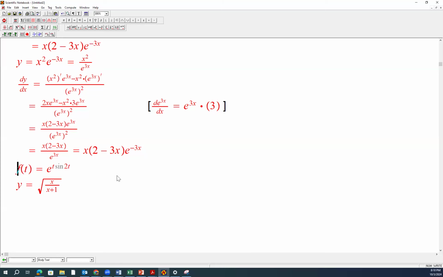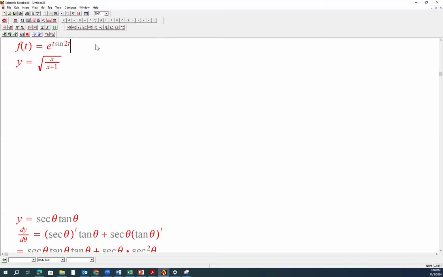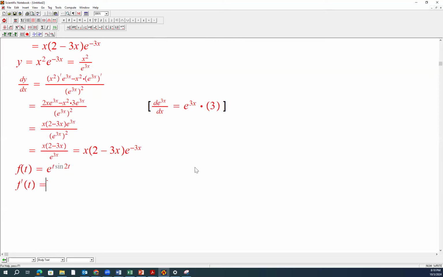The next one, we have to use the chain rule first, okay? So when we differentiate f, of course, with respect to t, we see this as e to the power of, okay, I'm going to bring back to the other one. So you see the similarity.